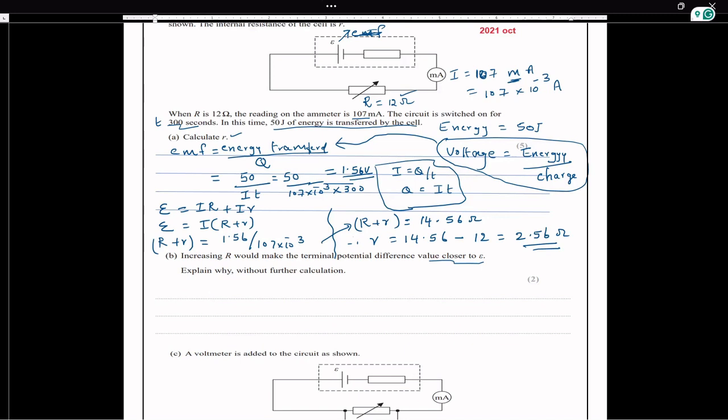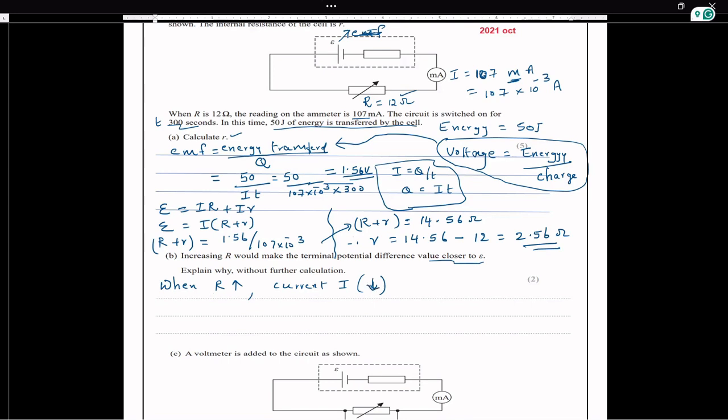Okay, so here we can start with: when the resistance increases, current I decreases. When resistance increases, current I decreases.